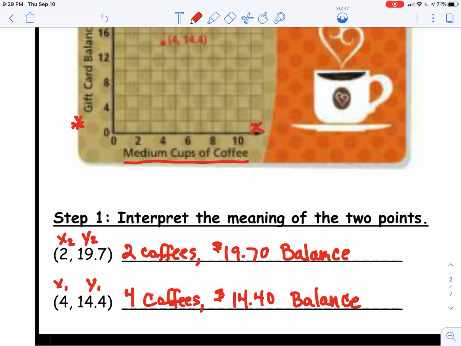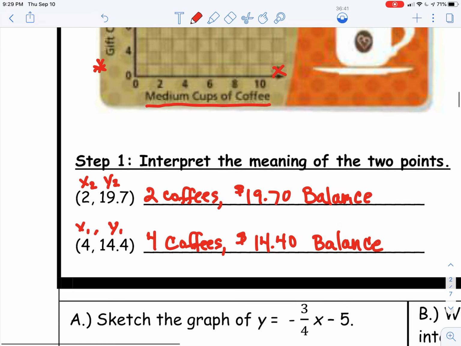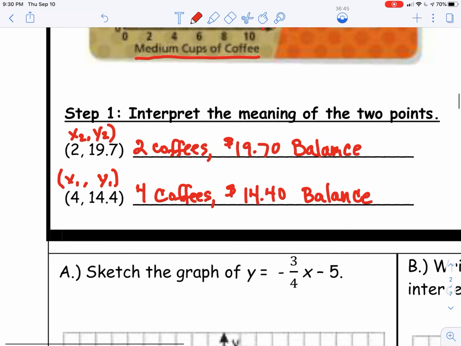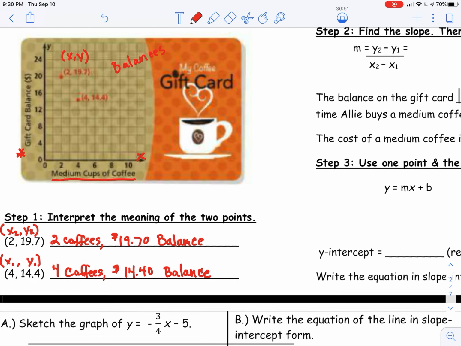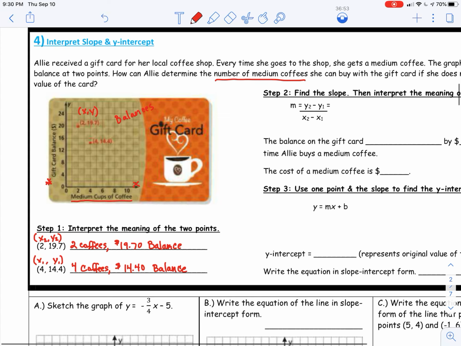X2 and X1. It doesn't really matter which set you call 1 and which set you call 2, but you just want to identify them as such because you are dealing with 2 different sets of X, Y values in the same problem. Okay, so knowing this, let's fill in Y2 minus Y1.